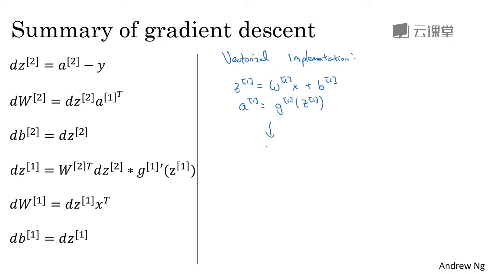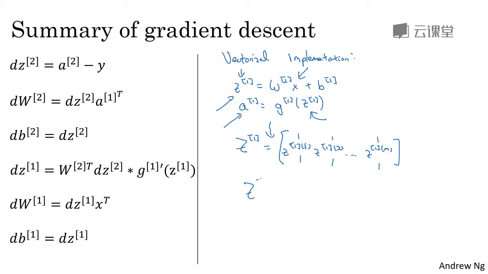And in order to vectorize, we took, say, the Z's and stacked them up in columns like this, up to Z1M, and called this capital Z. And then we found that, by stacking things up in columns and defining the capital uppercase version of these, we then just had Z1 equals W1X plus B, and A1 equals G1 of Z1, right?